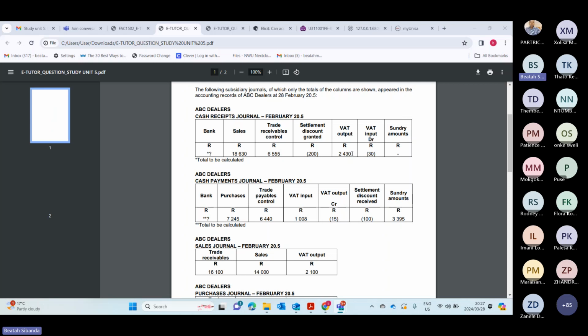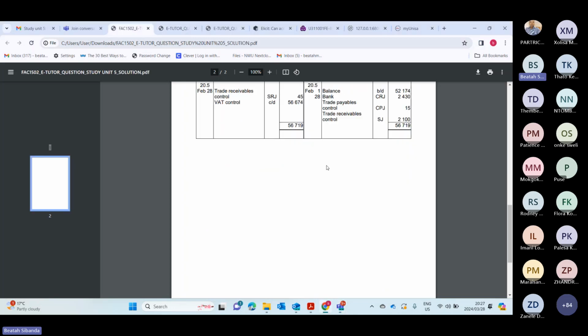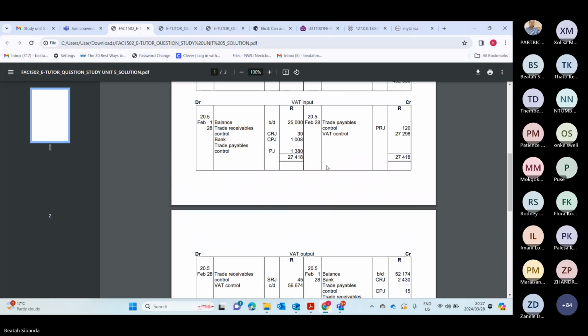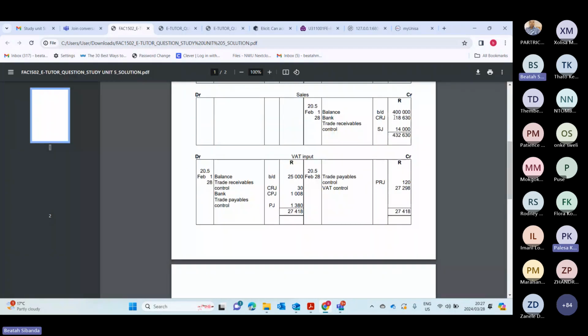So when I was explaining the solution, I said, let's go back to the solution. I said this amount here should be the amount that is exclusive of VAT.